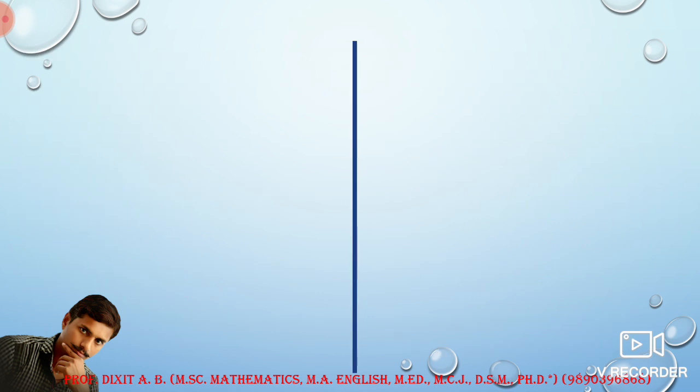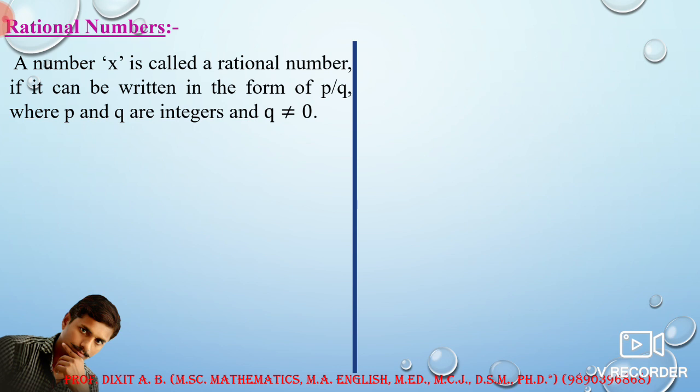Now we will see the fourth type, that is rational numbers, which is our main topic. How can I define the rational numbers? See the definition: a number x is called a rational number if it can be written in the form p upon q, where p and q are integers and q should not be equal to 0.